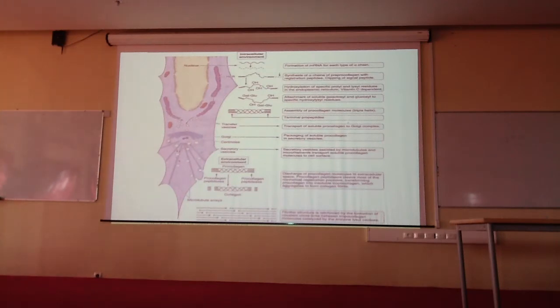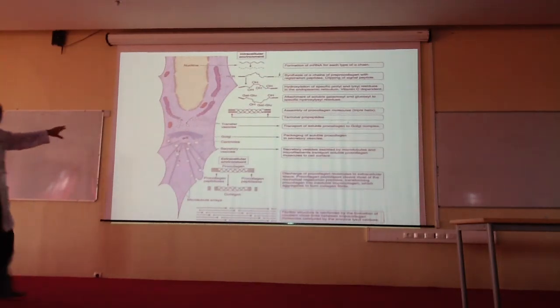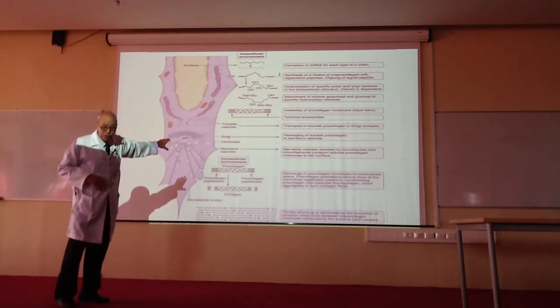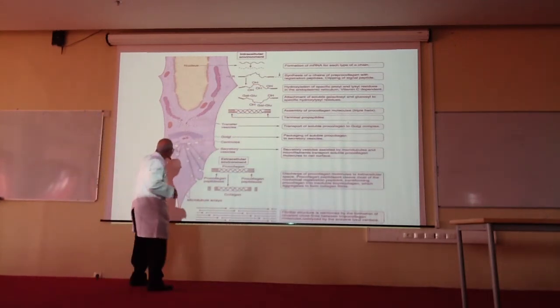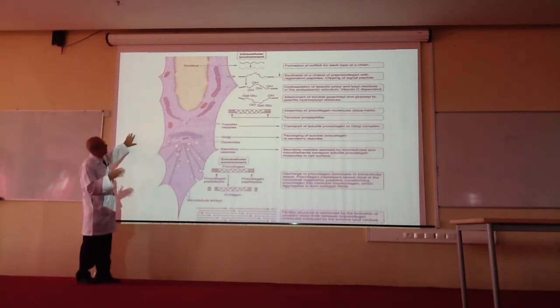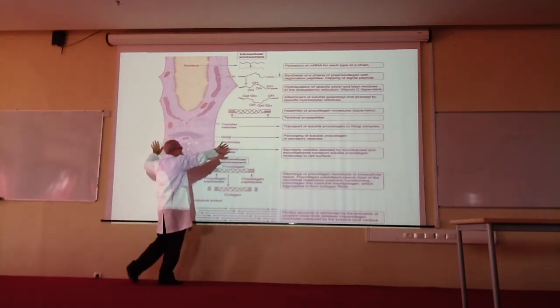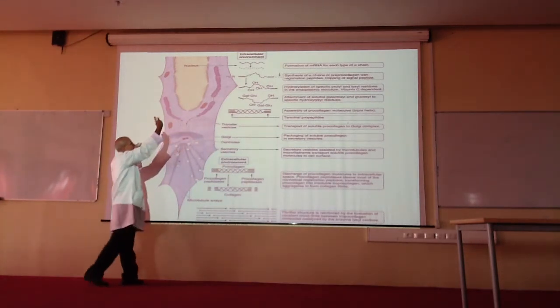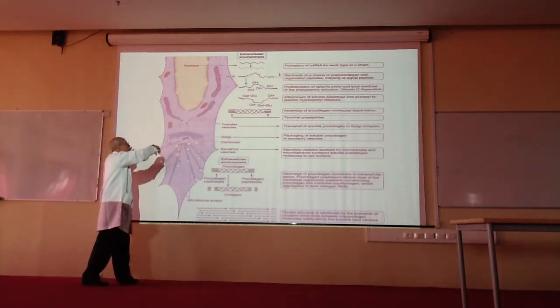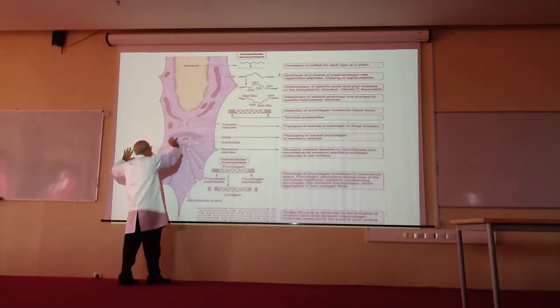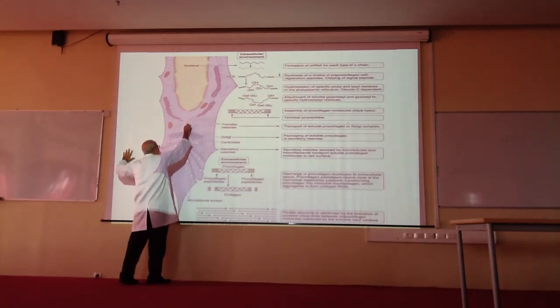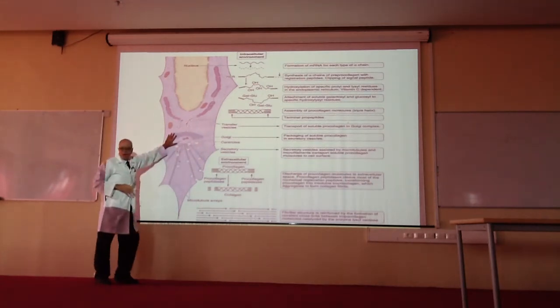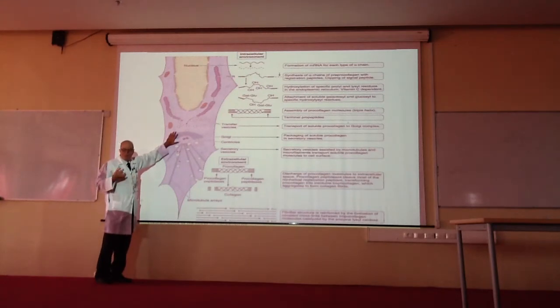Okay, who forms the collagen, the protein of collagen in connective tissue? Fibroblasts. What is the site of formation of protein which will be secreted? It's the rough endoplasmic reticulum. The protein formed there is transferred to the Golgi complex through transfer vesicles. The Golgi complex may modify, concentrate, and divide.